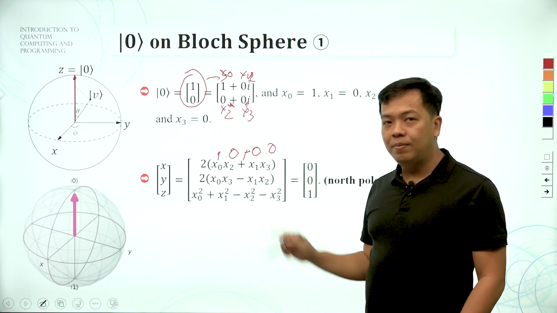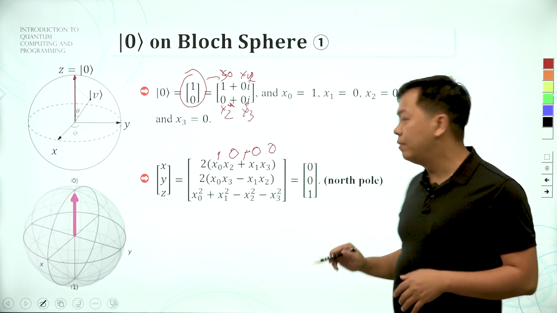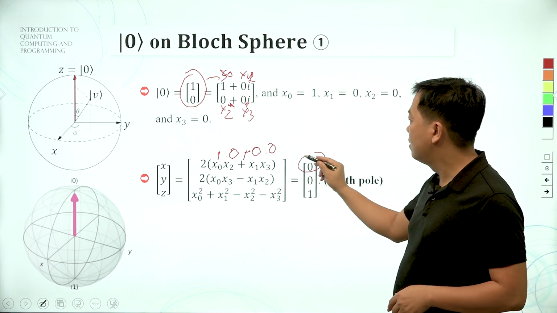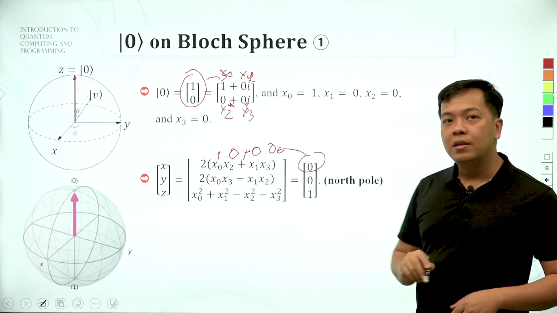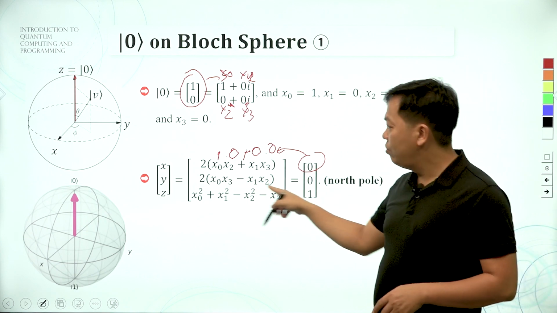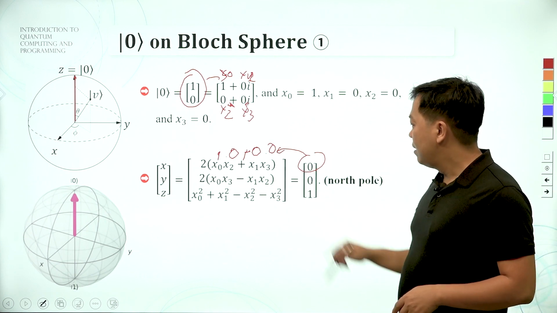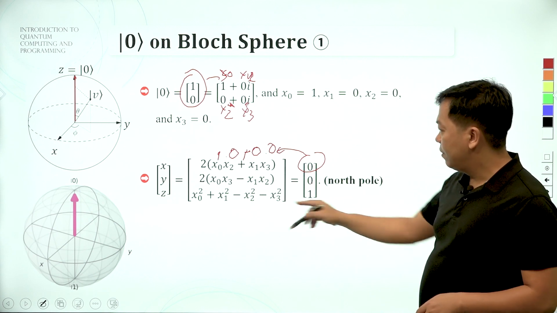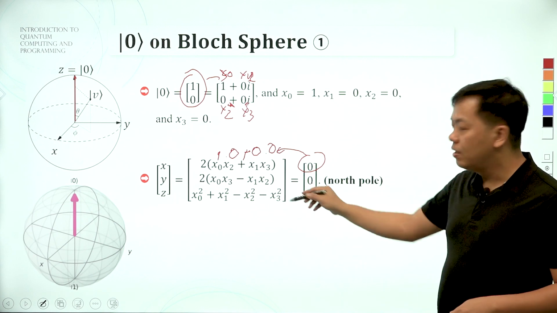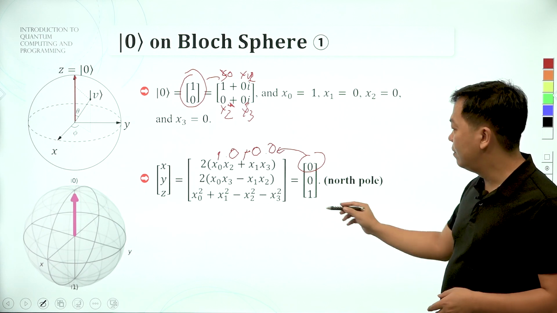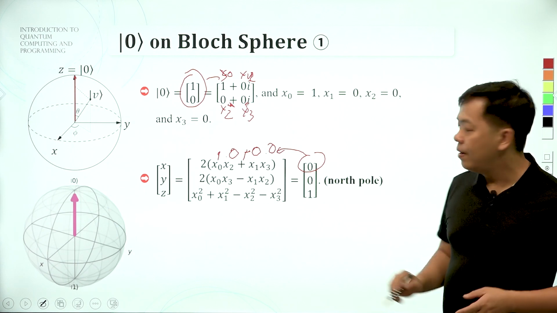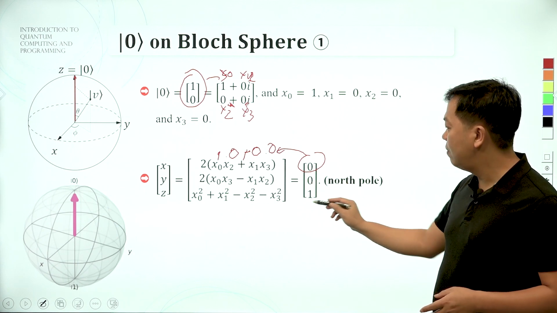Two multiplied by 0 is equal to 0. You do the same for this part, so you get 0. After you finish this calculation, you have the final vector: 0, 0, 1.